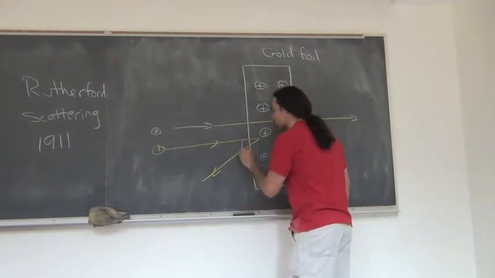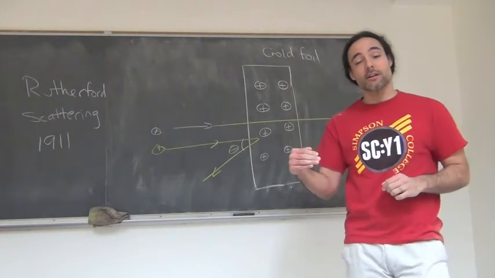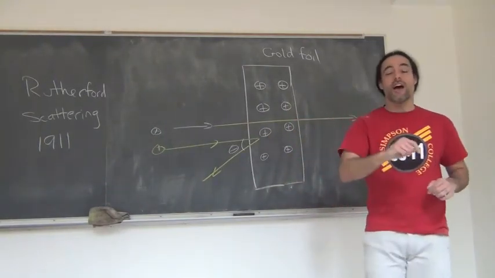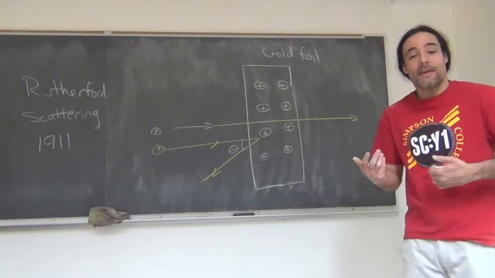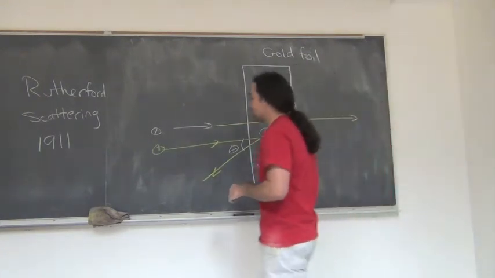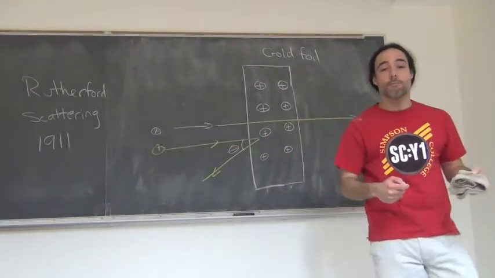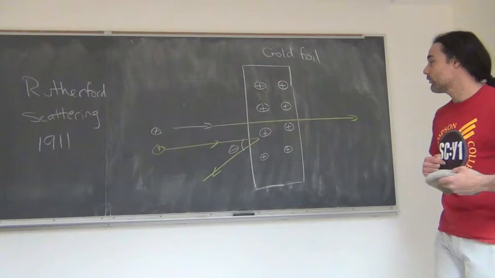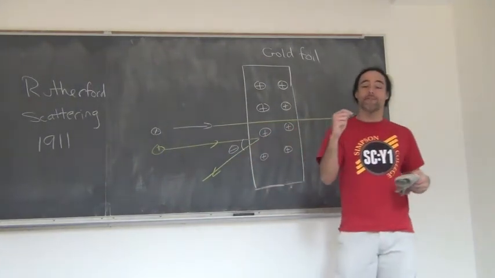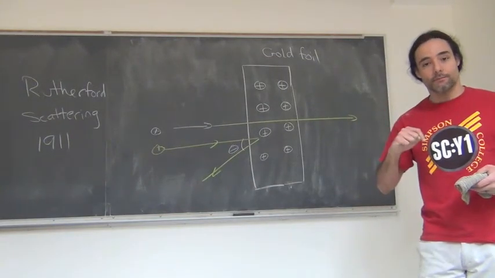So by measuring the angle that the alpha particle gets deflected by, Rutherford was able to determine the size of the nucleus, and in fact to determine that there was a nucleus. This experiment, we call it Rutherford scattering because he looked at how the alpha particles scattered off of the gold foil, was able to determine that atoms have very dense, positively charged nuclei.